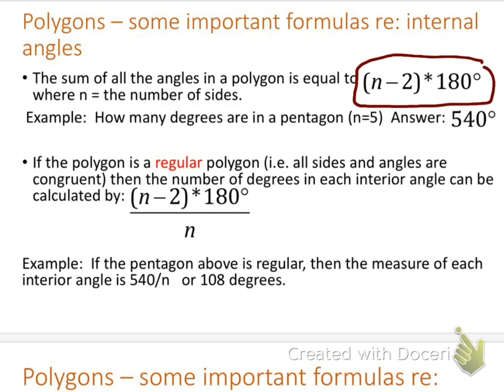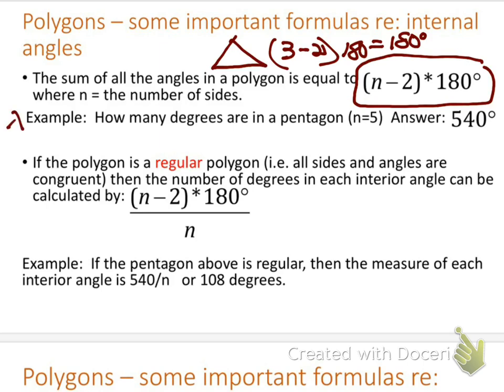So let's try it with a triangle. Here's a triangle. The sum of the angles is going to be 3 sides minus 2 times 180. That equals 180. And we know that there's 180 degrees in a triangle, so that affirms that relationship.